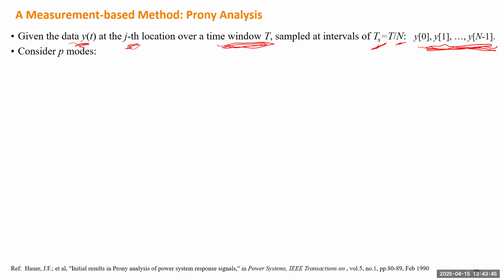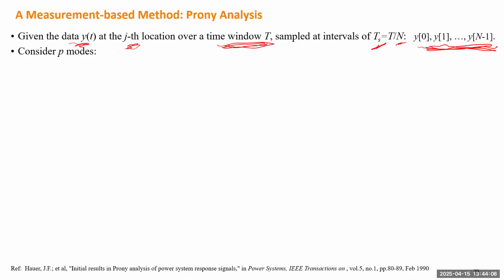Because you don't know how many modes the system has. If the system is too large, it has a huge number of modes. But usually you only care about the top modes, which are really dominant in the data. So you can select a P. P here doesn't have to be close to the dimension of the system. It can be a small number, even less than 10, and that may be fine.